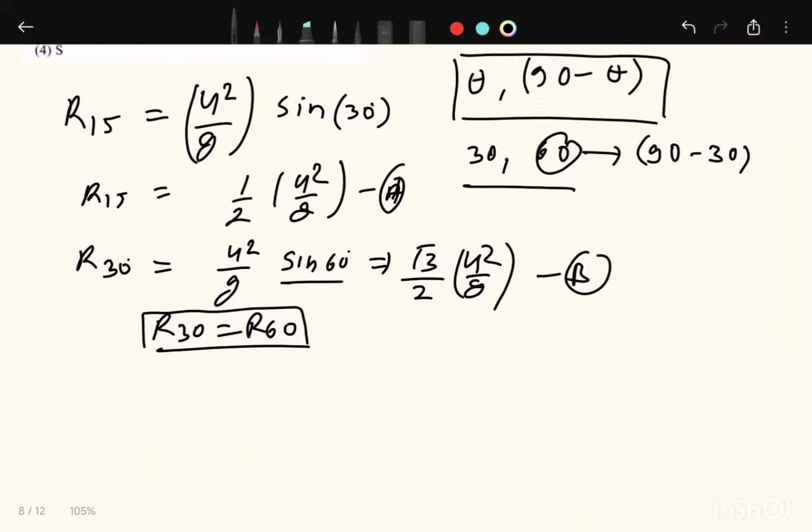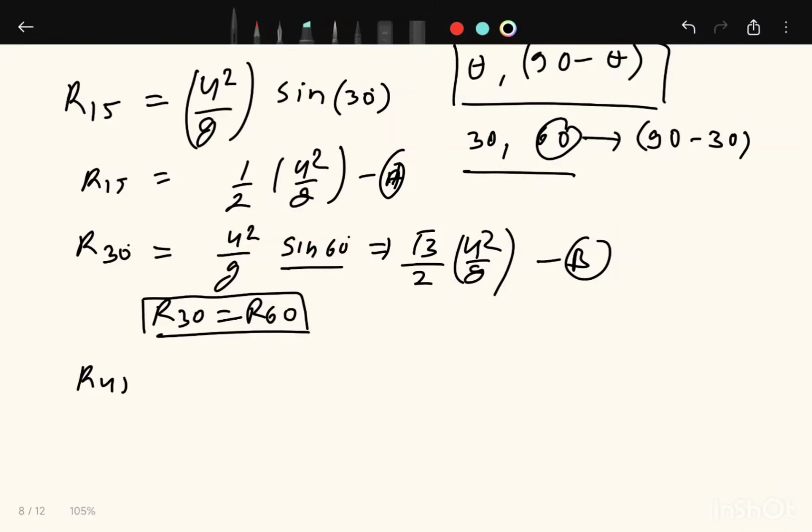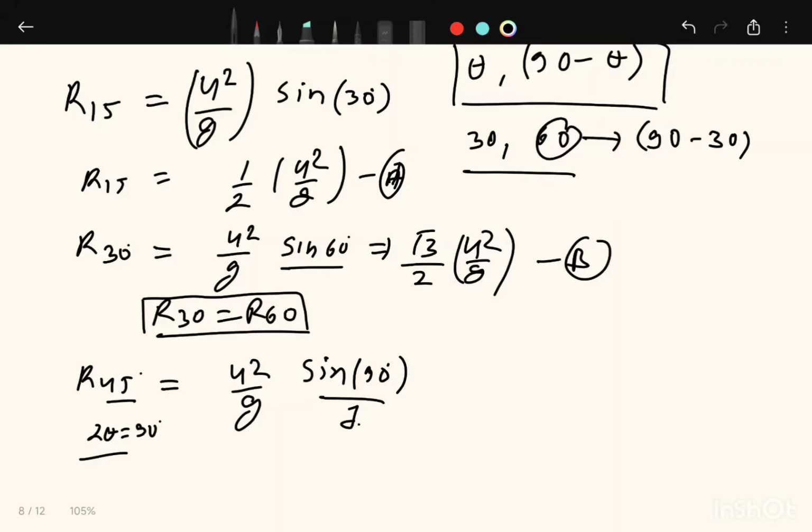Now let me see for R45 degree. For 45 degree, u square by g sine 2 theta. Theta is equal to 45 degree, so 2 theta will be 90 degree. The value of sine 90 is 1. So the answer will be u square by g.